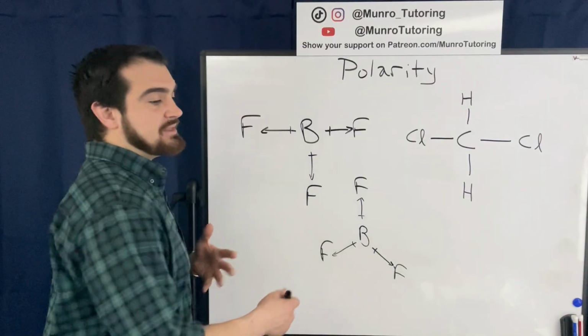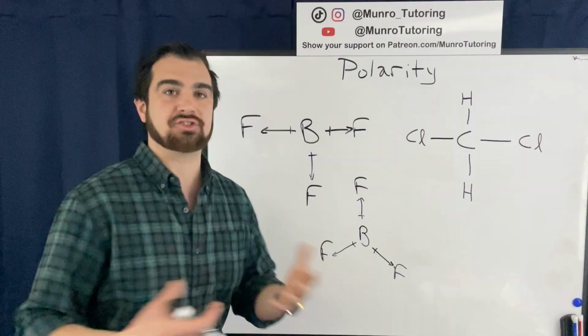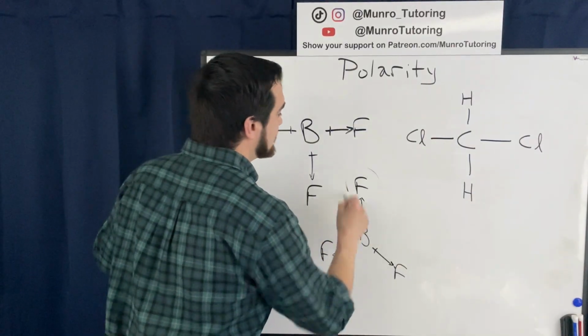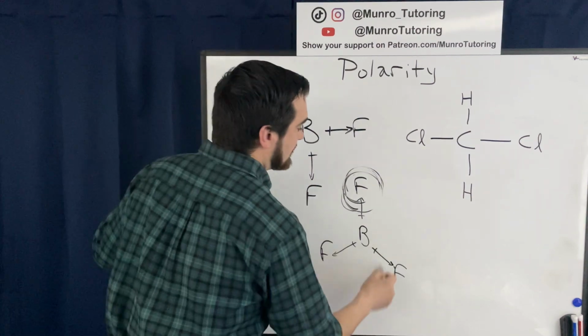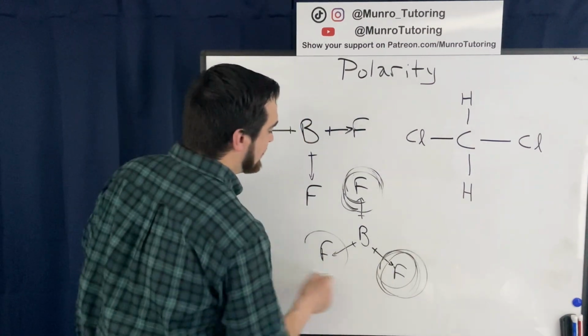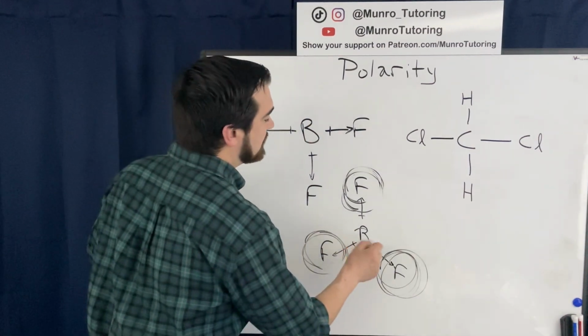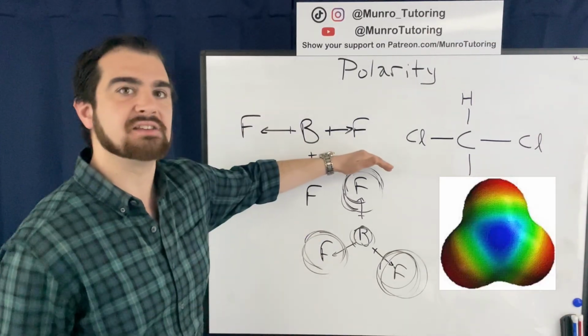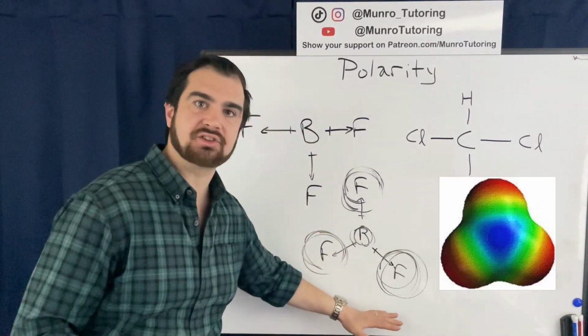The electron cloud is symmetrical. So in other words, we have some sort of electron density around this fluorine, the same electron density around that one, and of course the boron is going to be kind of deficient. But the point is, it's not like one side is partially positive and the other side is partially negative.